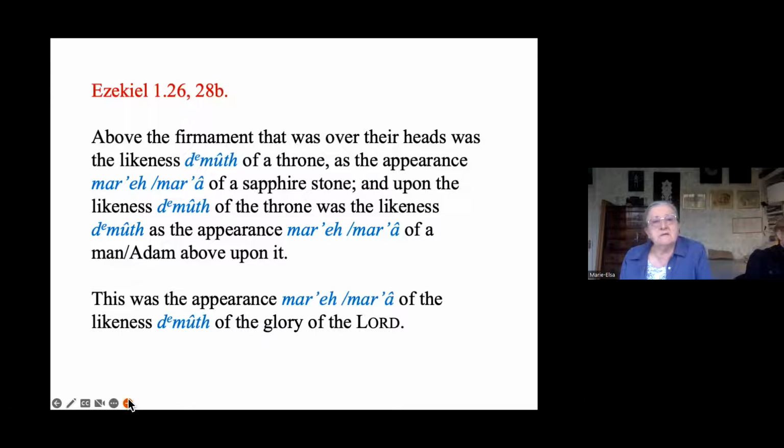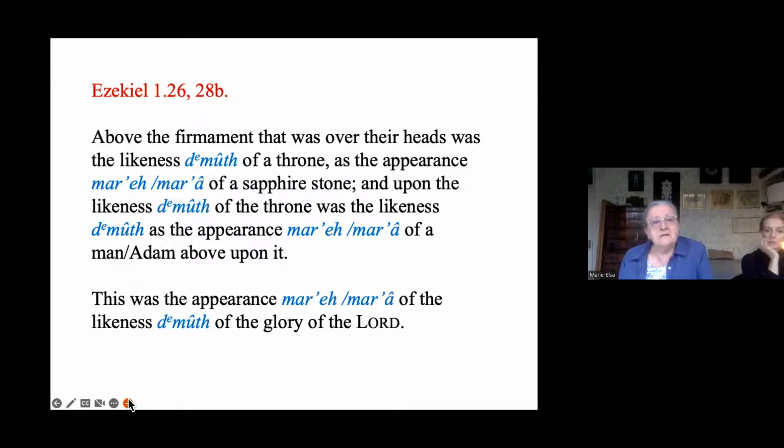And there's that word, mare. This is his visionary state in the Holy of Holies. And what was the invisible, I'm trying to avoid using Platonist terms, but the invisible essence of a throne from way beyond, it appeared to him like a sapphire stone, its appearance.